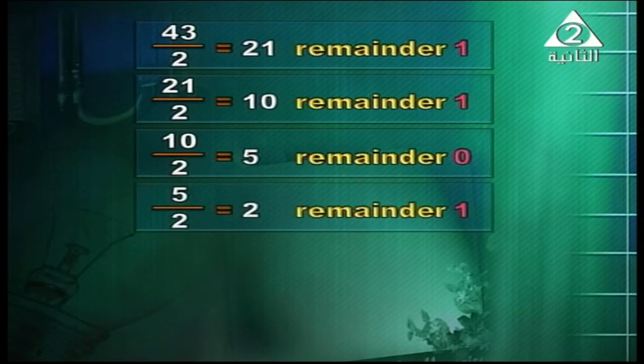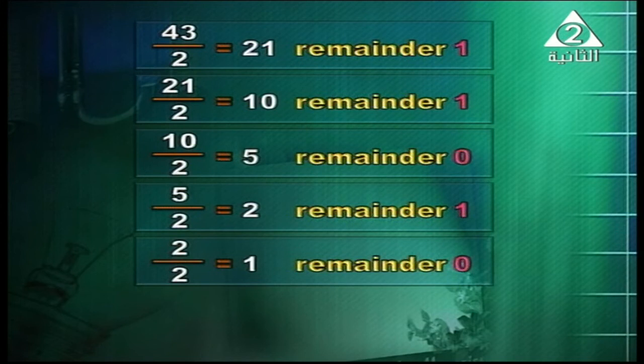And 5, when divided by 2, will give 2. 2 times 2 is equal to 4. 5 minus 4, we've got a remainder here, which is 1. 2 divided by 2 will be 1, remainder is 0.